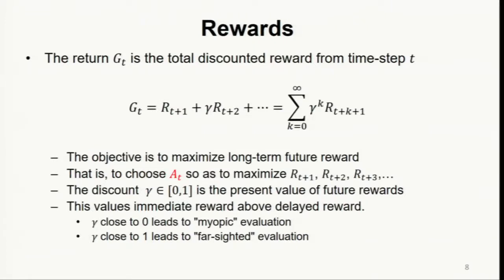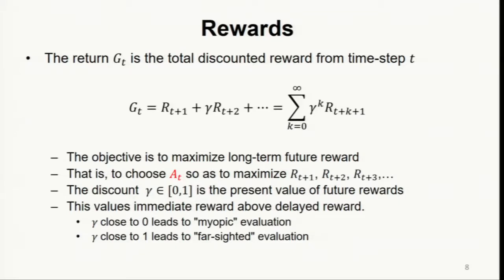So the return G_t: this reward is what you get at a particular time, R_{t+1}. But G_t is different. G_t is the total discounted reward from time step t. That means from time step t, you evolve over time until the end. t is the present time, you choose an action, you get a reward.